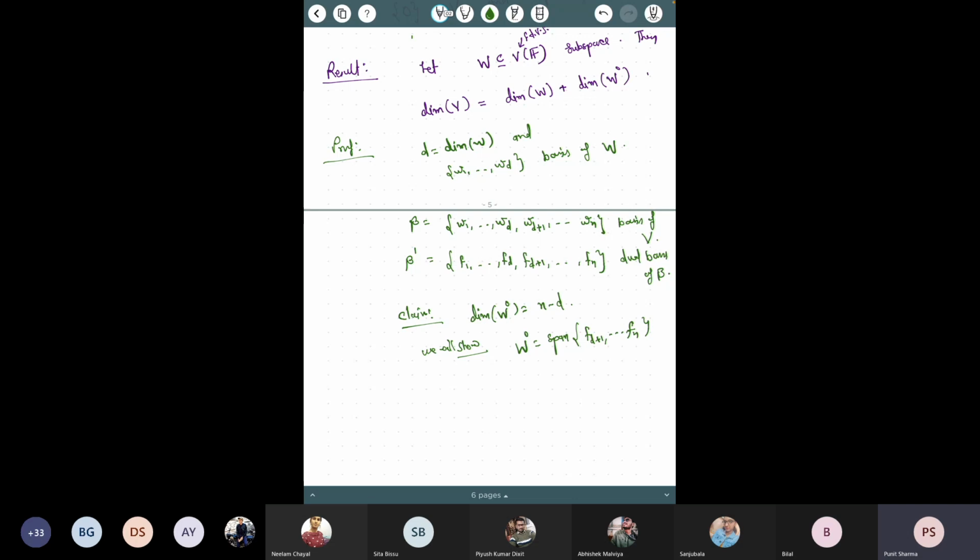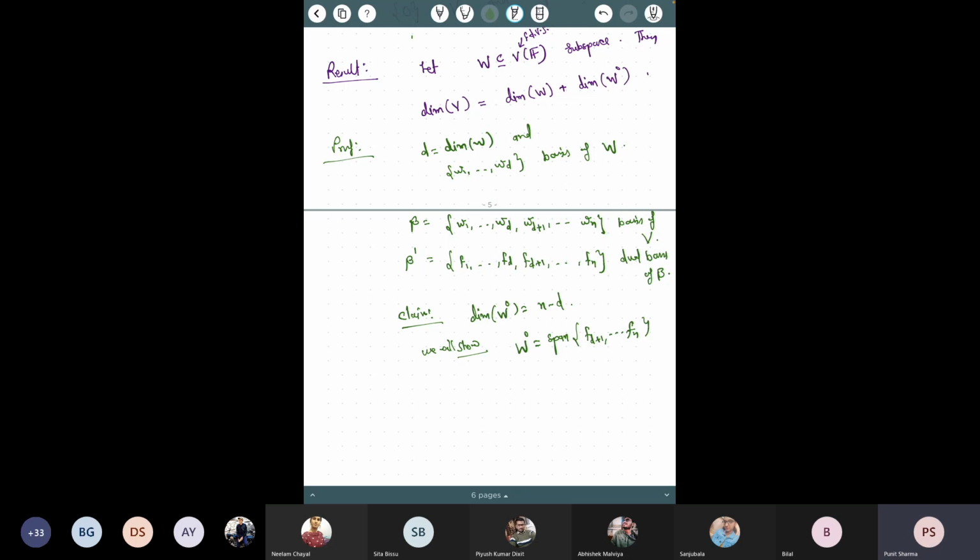So we just have to show that these functionals span W naught, and then we are done. Now one thing is clear. These are two sets, and we have to show that these two things are the same. So we'll show that one is contained in the other, and in the same way the other side also.